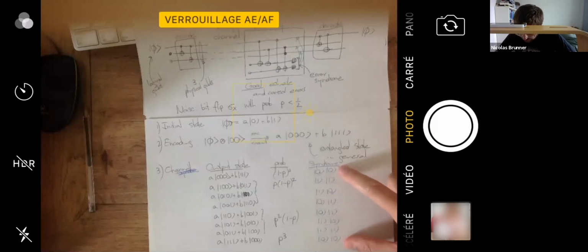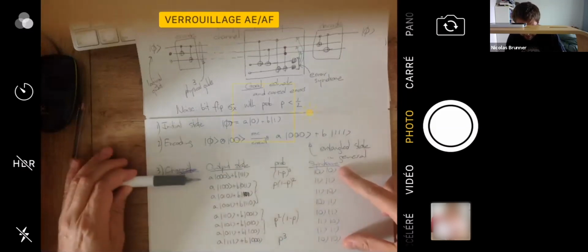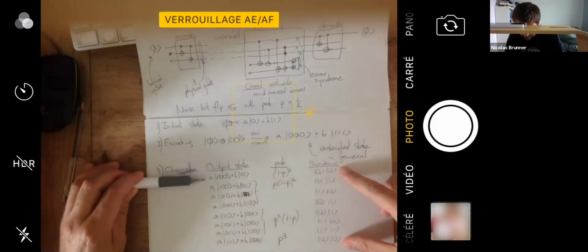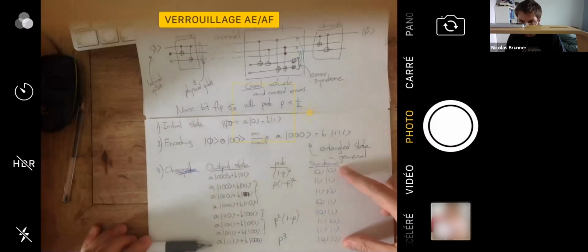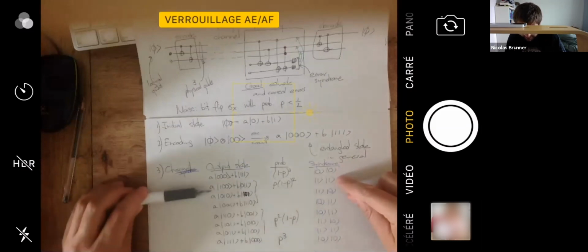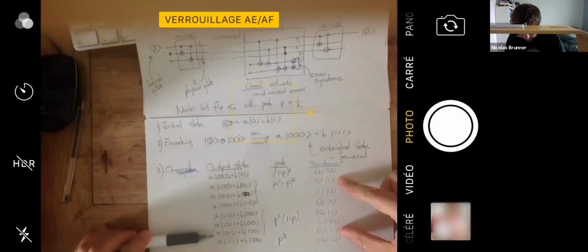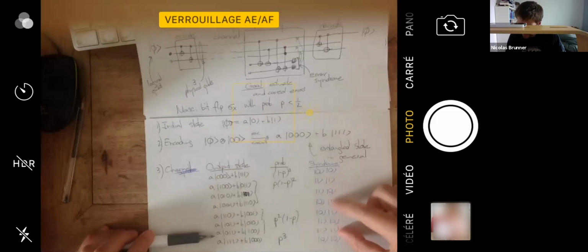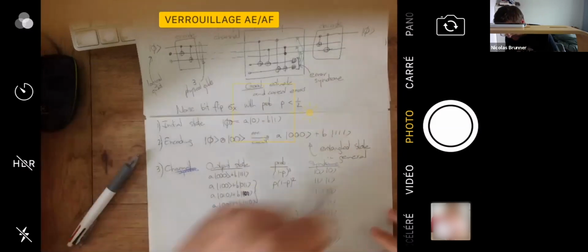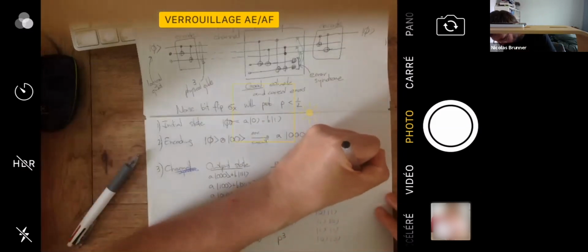So if I see a syndrome of 0, 0, I know that either there was no error or there were 3 errors, right? Similarly, if I see a 1, 1, I know that either there was 1 error and this error was in qubit 1, or there were 2 errors here and these errors were on qubit 2 and 3. Okay, and it's the same for the last two, right?